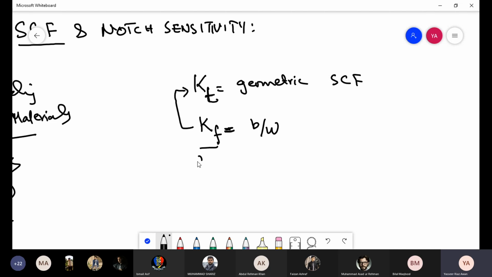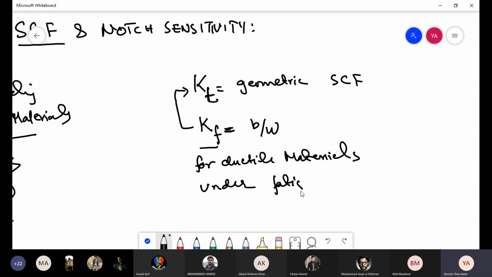For ductile material under fatigue loading, you still have the effect of stress concentration, but the effect is not as large as it is in brittle material.